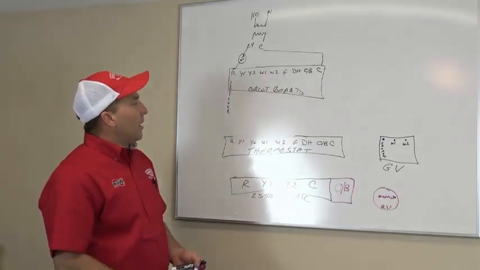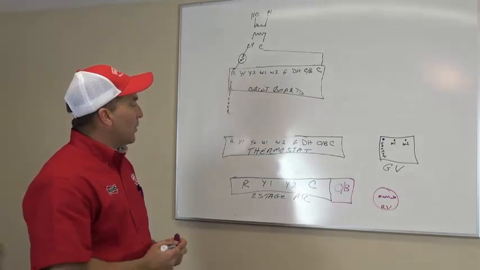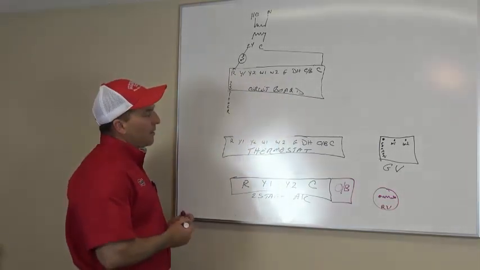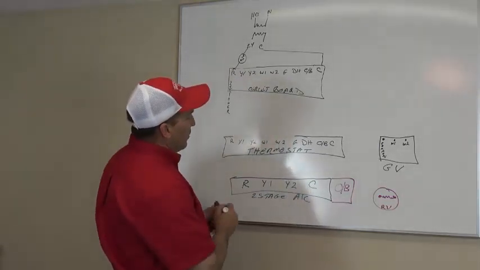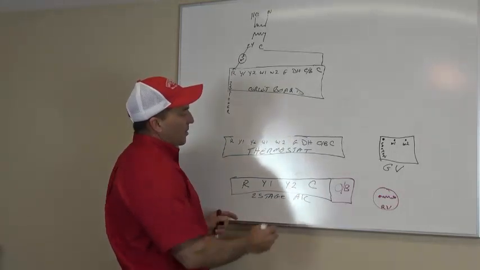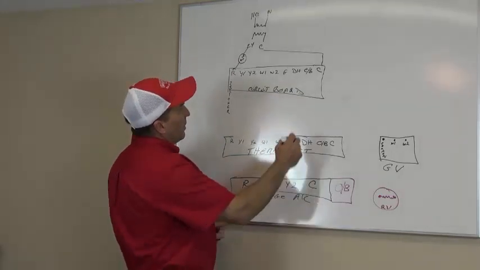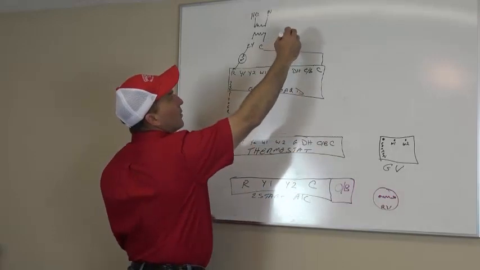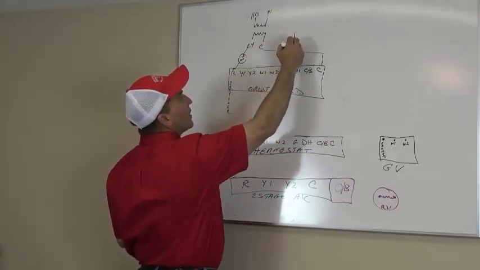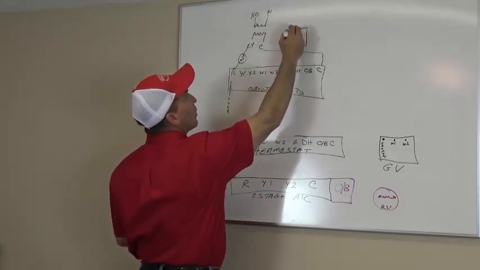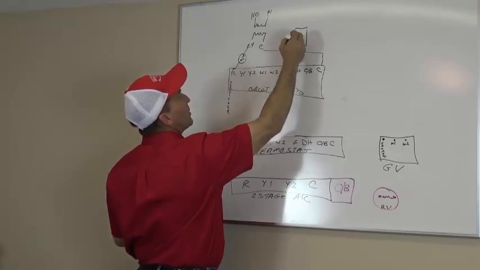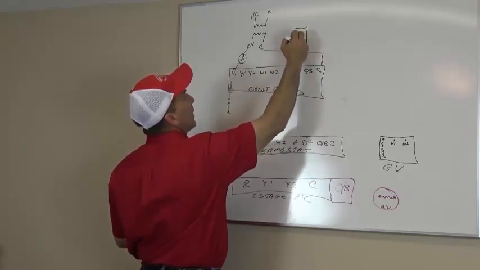There is a blower motor inside here as well, right? So let's go ahead and put our blower motor in, and we're just going to put a relay up here, because I'm going to tell you how some of this stuff works anyway, okay? So this is going to be the fan relay.